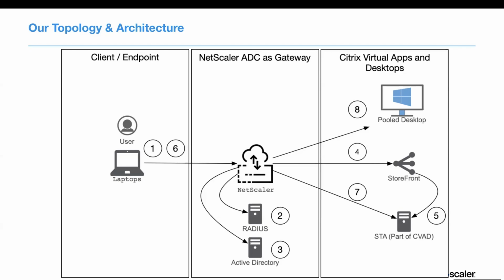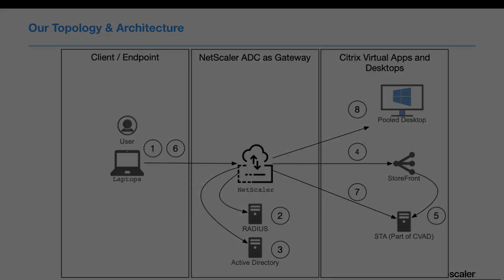So the NetScaler connects to the STA, retrieves all that data for Stephen clicked Word, it's ready on server 14, and then at step 8, it connects to Word or the pooled desktop as I've drawn here or whatever it might be, and the user gets a full end-to-end piece of connectivity. So what we've provided there is that full end-to-end service where we've assumed you begin with a production-ready CVAD environment, and we're now ready to integrate NetScaler.